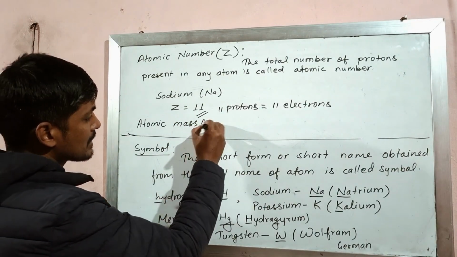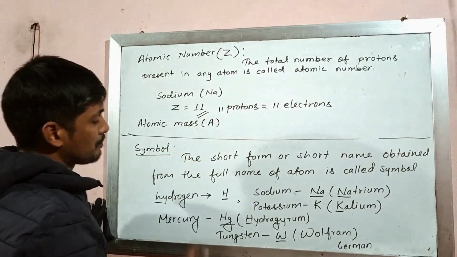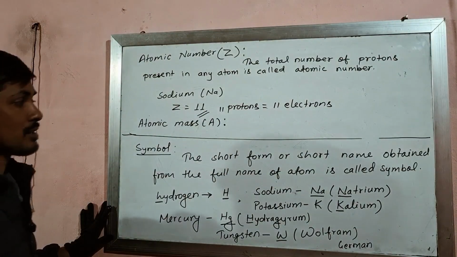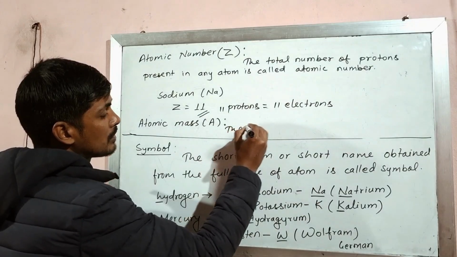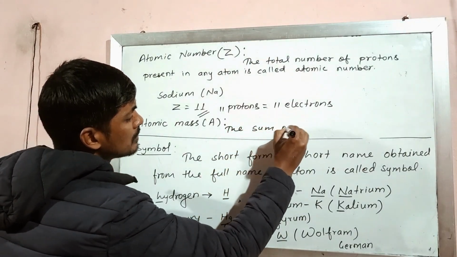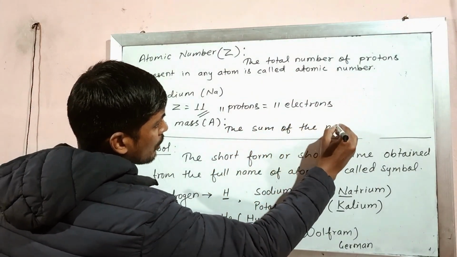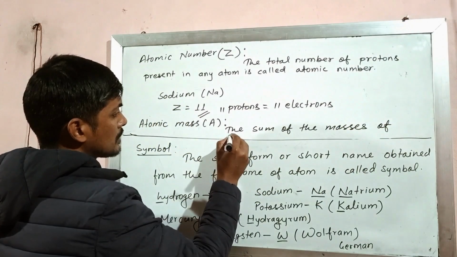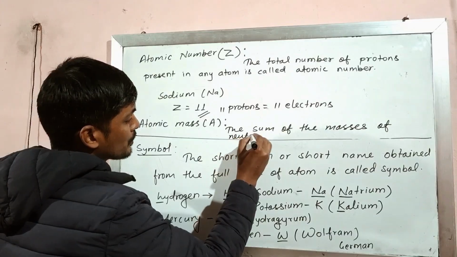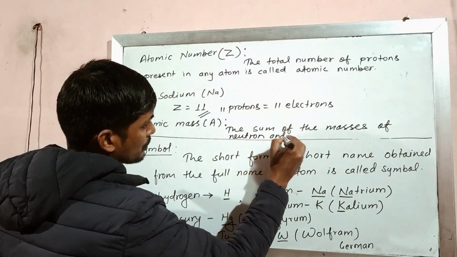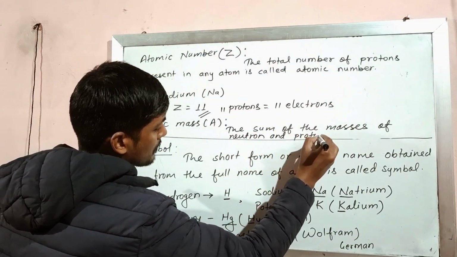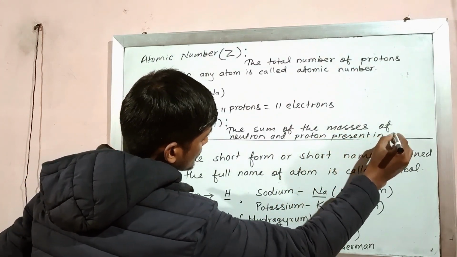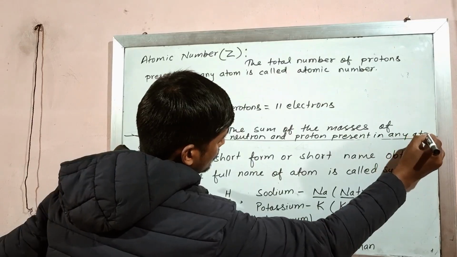Atomic mass is represented by the letter A. Here, atomic mass means the sum of the masses of neutrons and protons present in any atom.